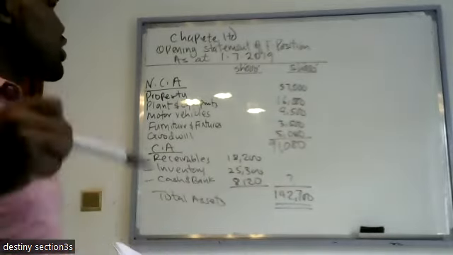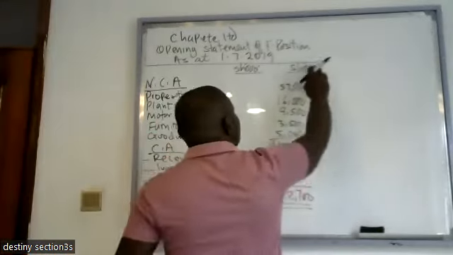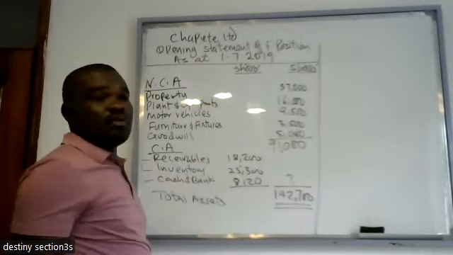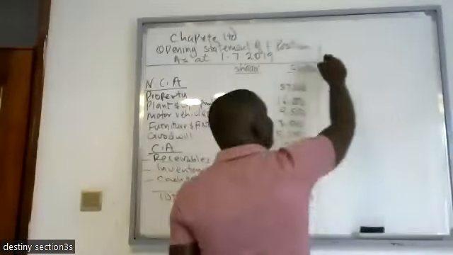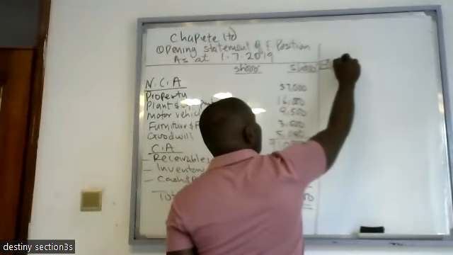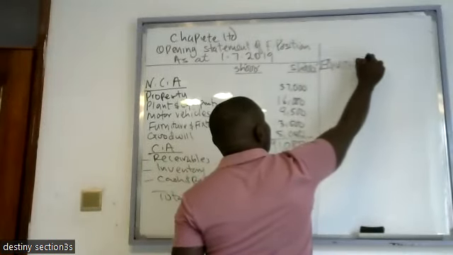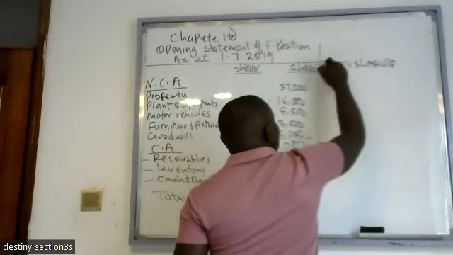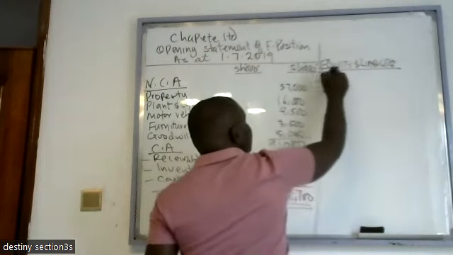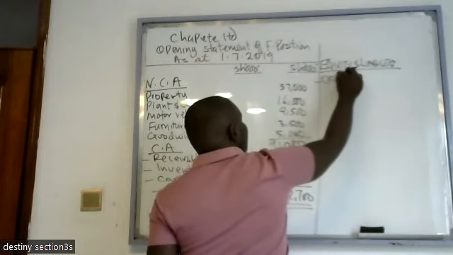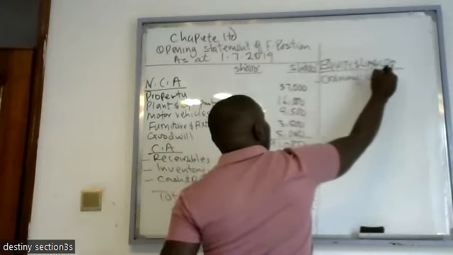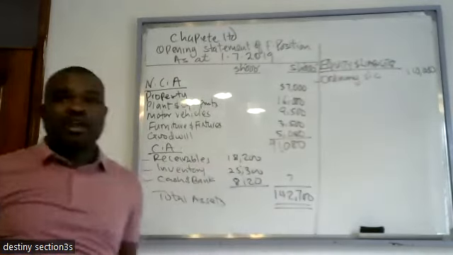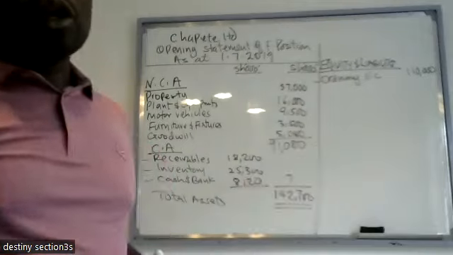Then equity and liabilities. Ordinary share capital, 110. So don't come and mention directors by their name under equity.